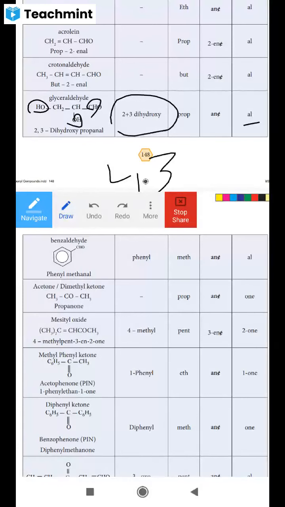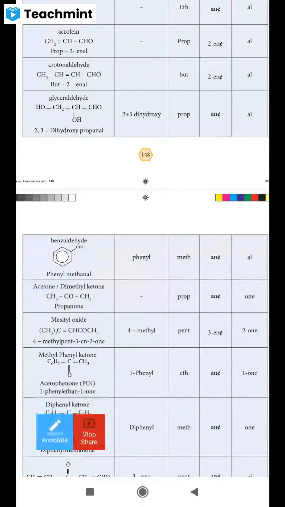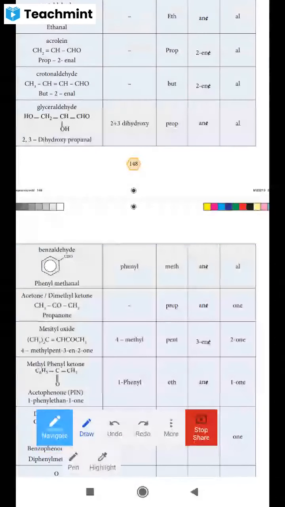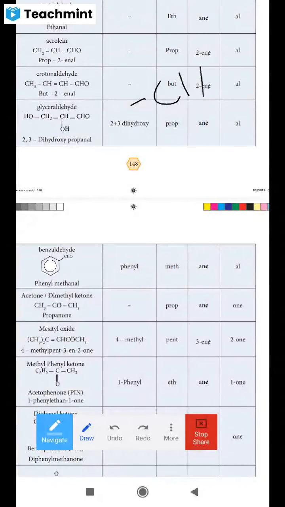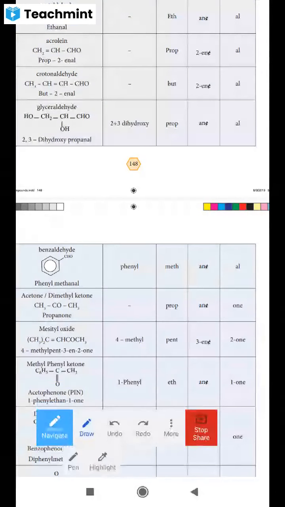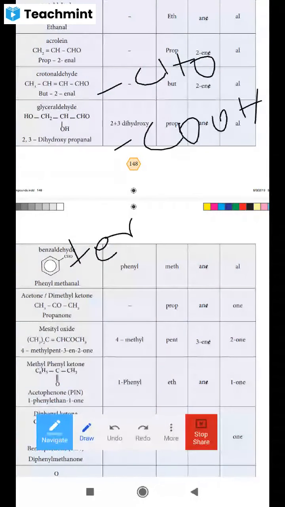Okay, and one more thing. Aldehyde and acid, they are known as terminal groups. T-E-R-M-I-N-A-L.